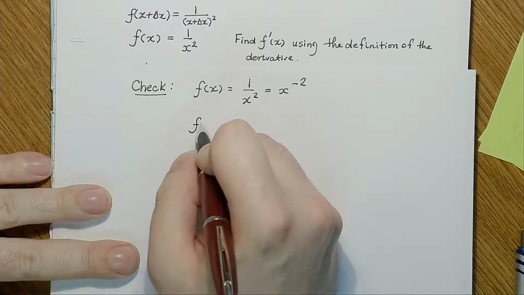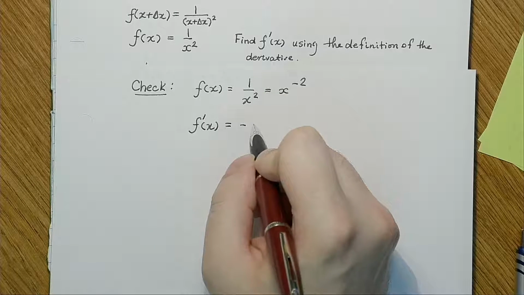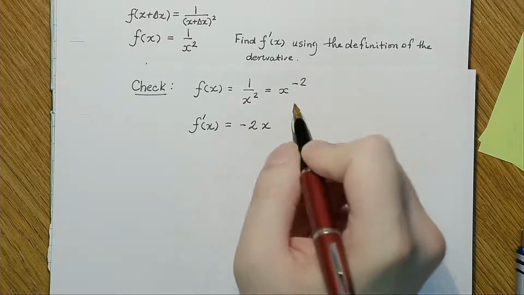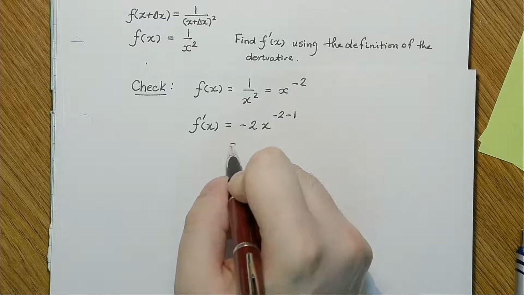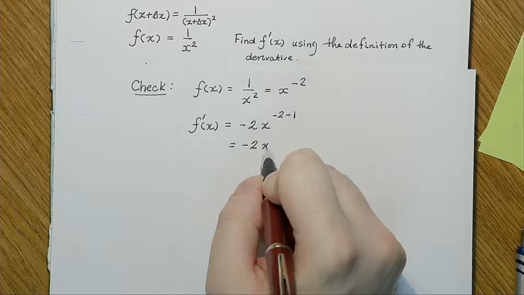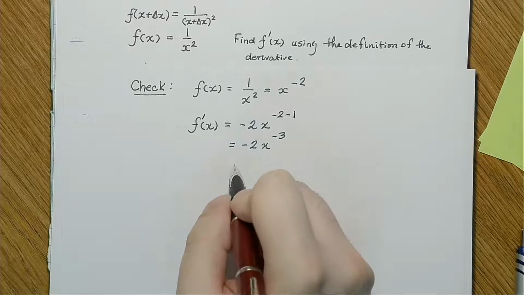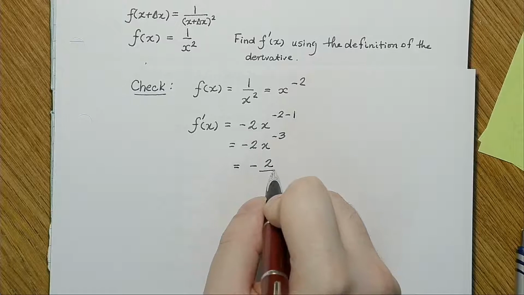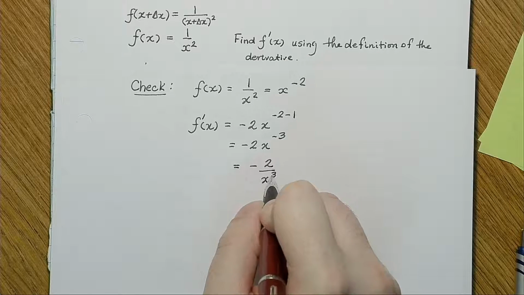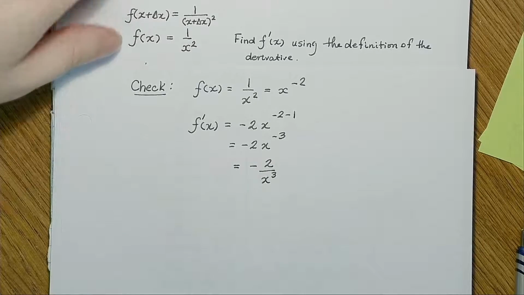And then using our power rule, that minus 2 comes down. Minus 2 minus 1, so I got minus 2 times x to the minus 3. So I got minus 2 over x to the 3. Yes. Good.